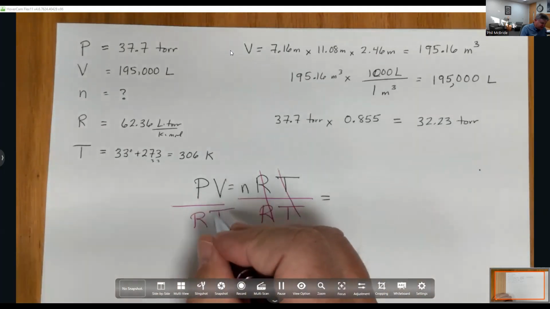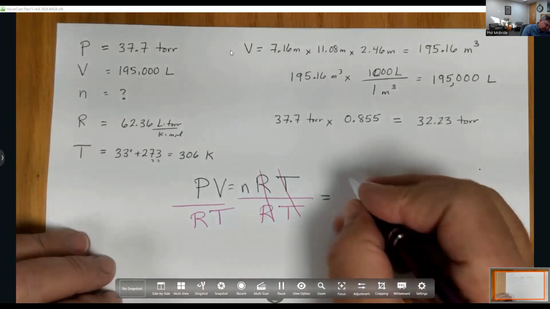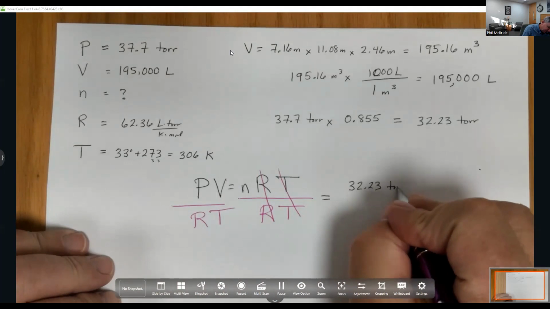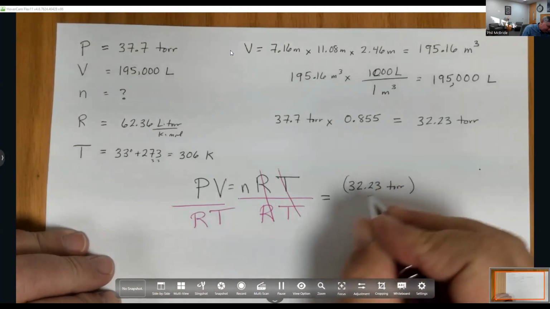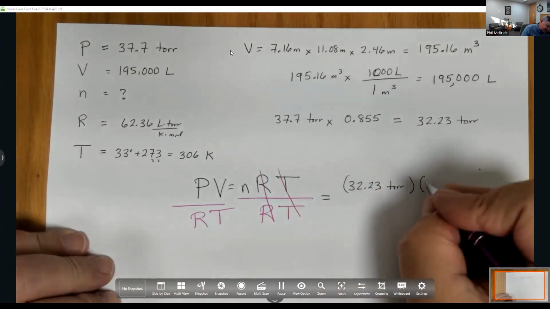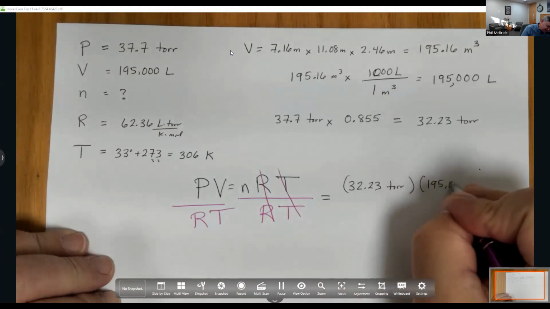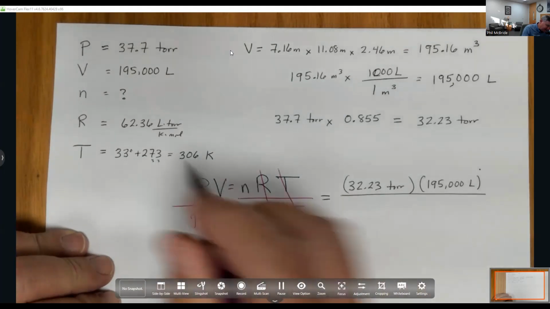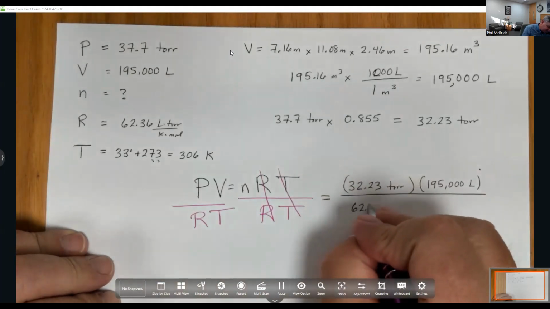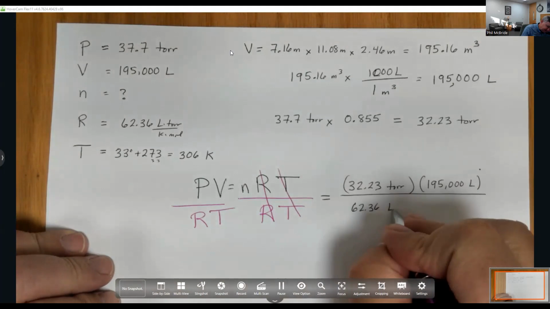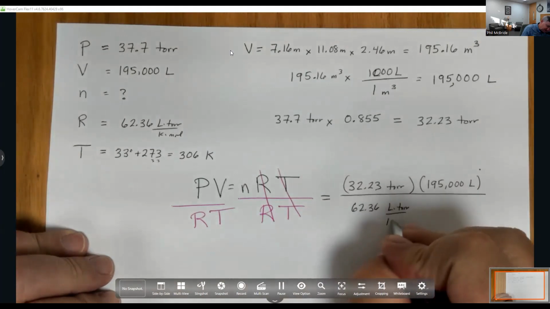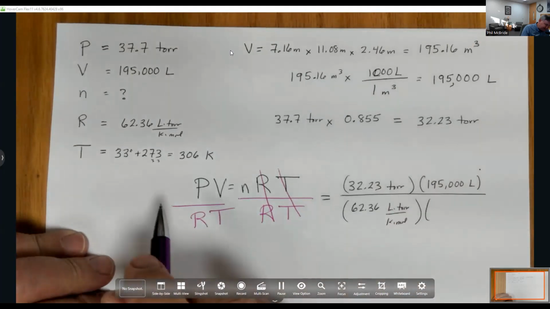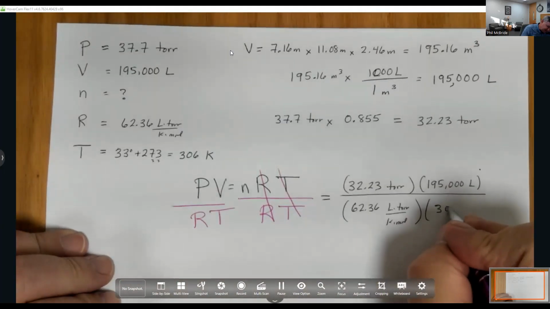So n equals the pressure, which was 32.23 torr, times the volume, which was 195,000 liters, divided by R, which was 62.36 liter torr per Kelvin mole, times the temperature, which was 306 Kelvin.